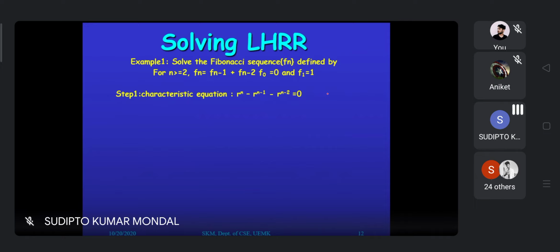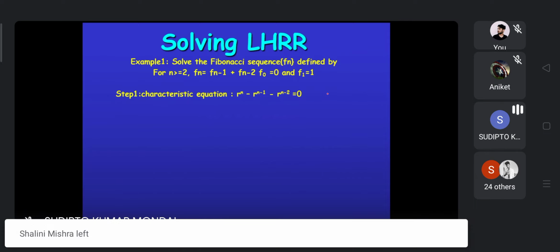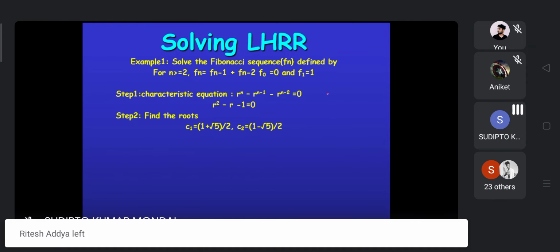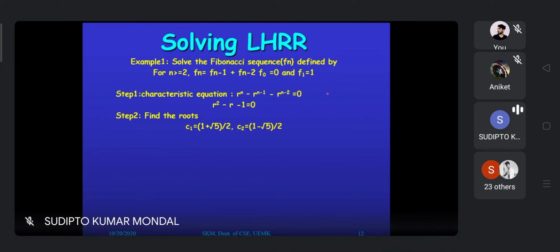Then we divide the entire expression by the minimum power term, r to the power n minus 2, and we get this result. From this result, we determine the roots. The roots come this way, minus b plus minus root over b square minus 4ac by 2a. And two roots we have identified.